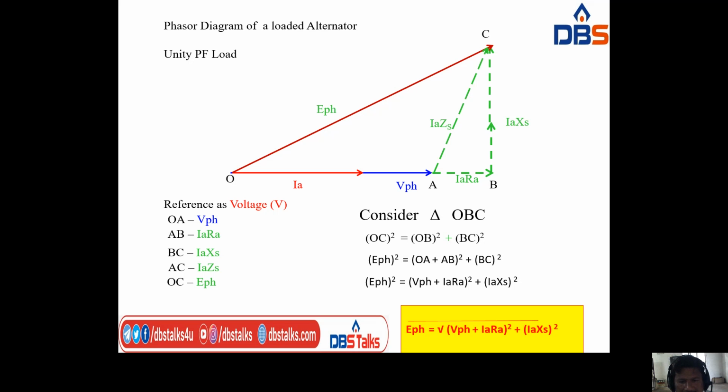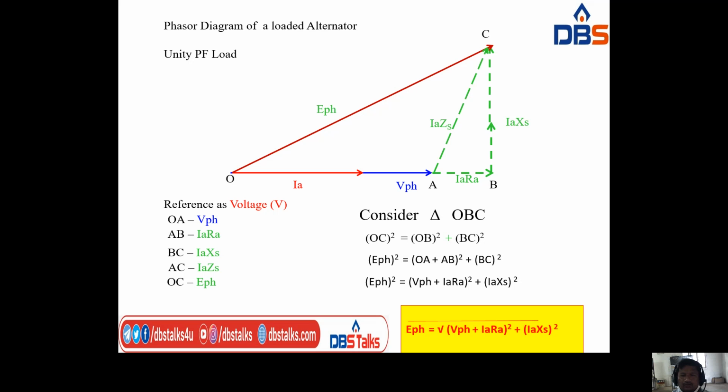Now the vector sum of V phase plus IARA plus IAXS is nothing but E phase. OA is the V phase, AB is the IARA drop, BC is the IAXS drop, AC is the IAZS drop, OC is the E phase.